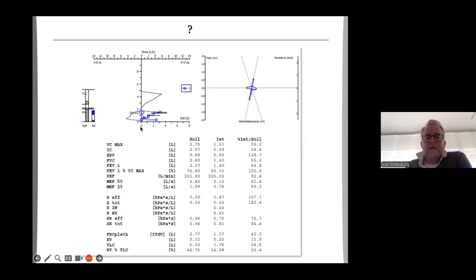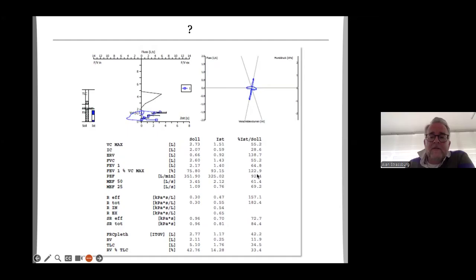This is another example for a restrictive lung disorder. Again, the Tiffeneau quotient is above 70%, which rules out an obstructive disorder. The total lung capacity is down to 1.7 liters, respectively 34%, with vital capacity down to 55%, and this is already a mild to severe restrictive ventilation disorder.